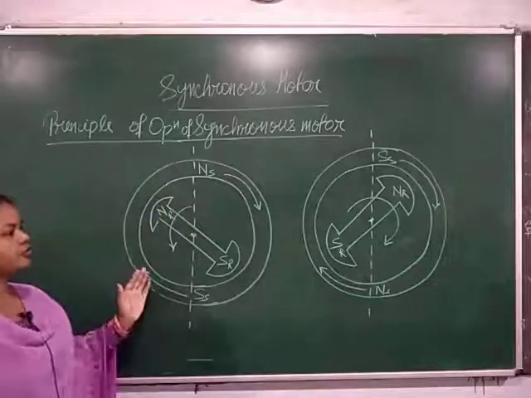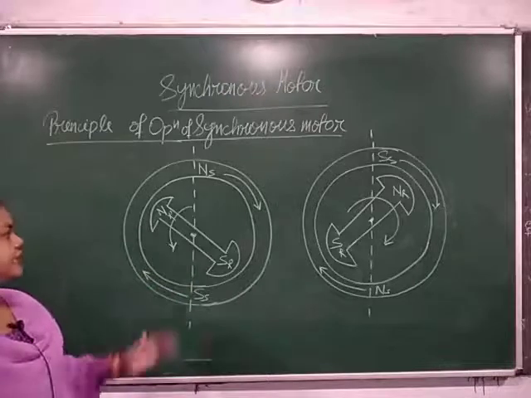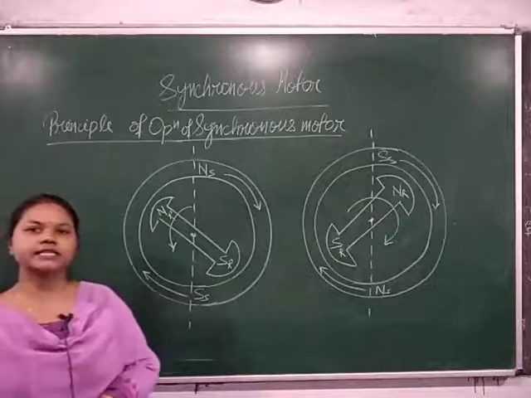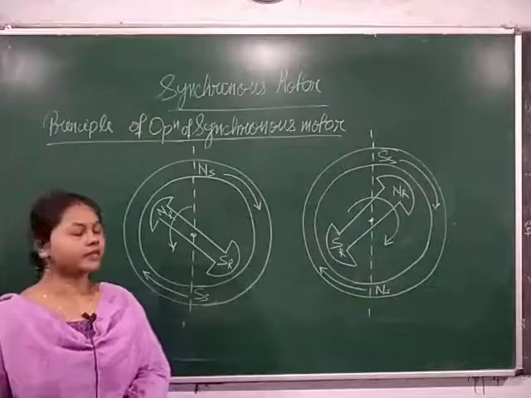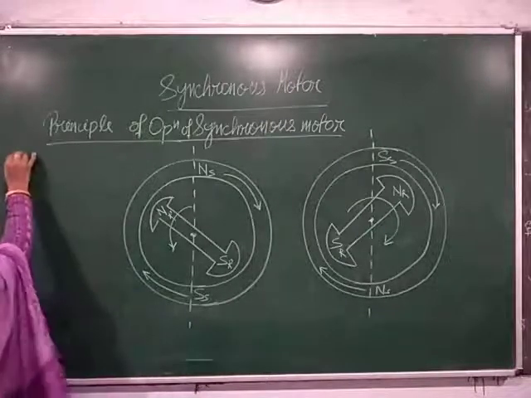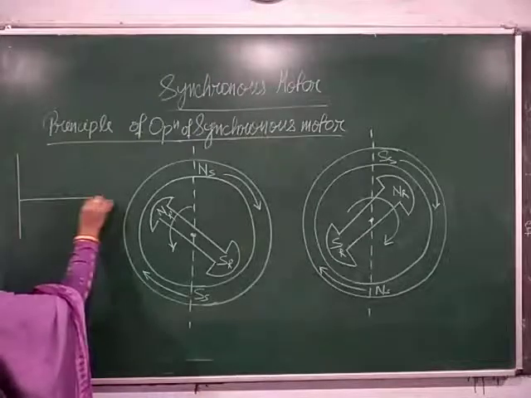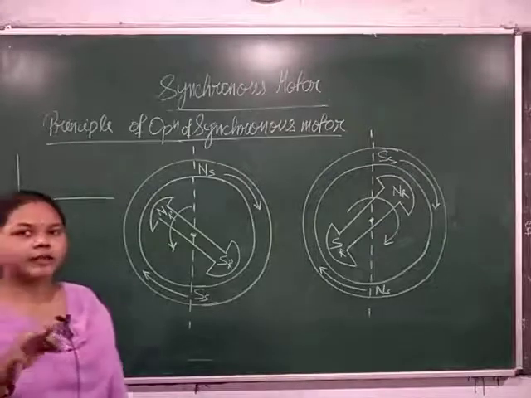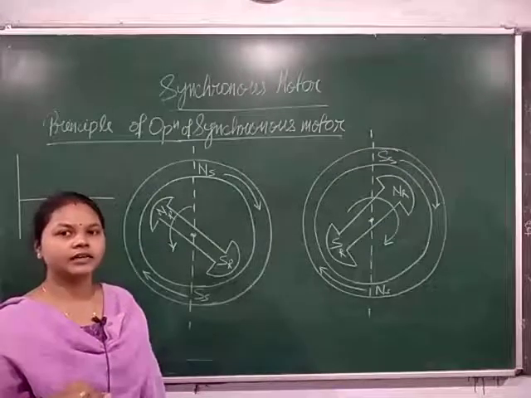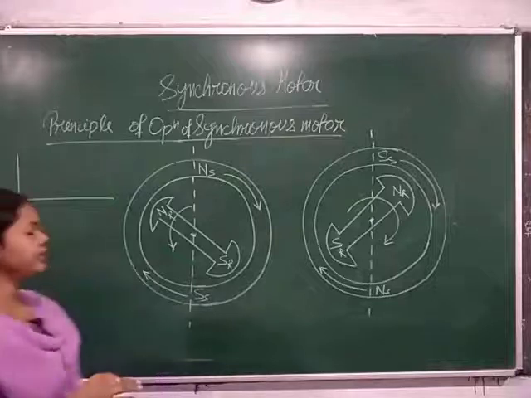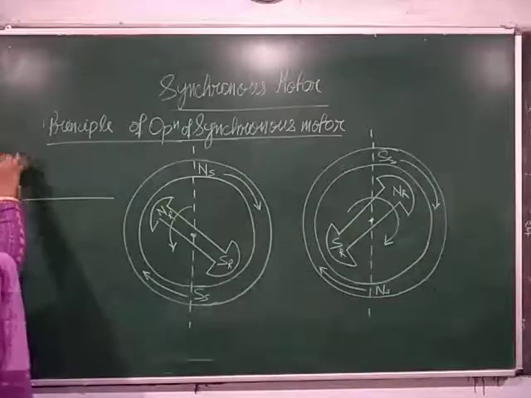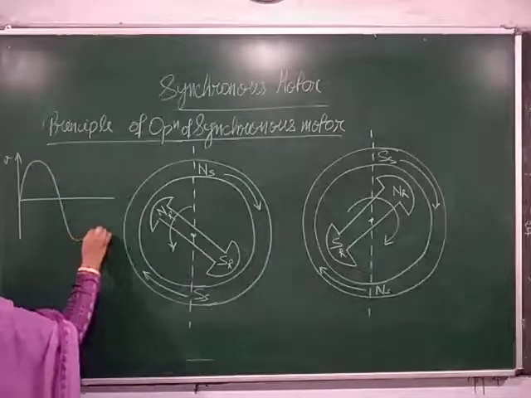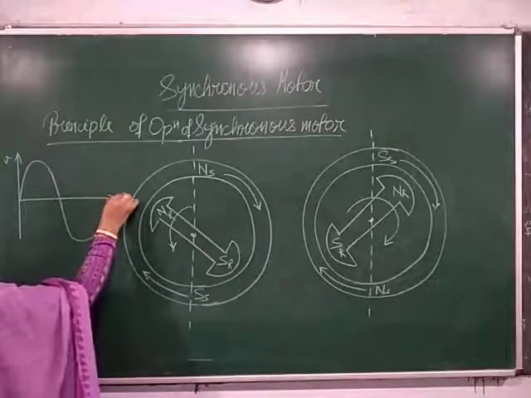Here I have drawn two diagrams. The first diagram: when you give three-phase AC supply, here I will draw the waveform diagram of a single phase. When three-phase supply is given to the stator winding, its voltage and current quantity changes alternately, with respect to time.